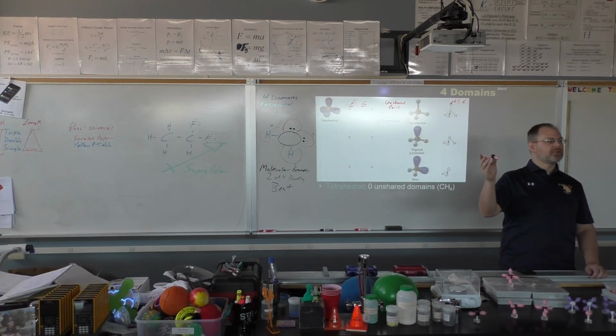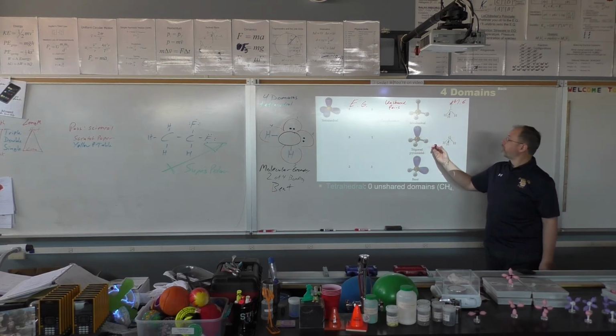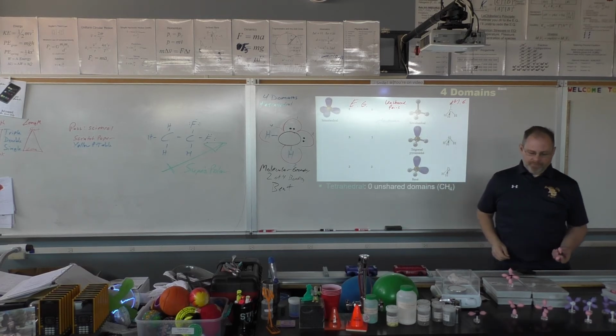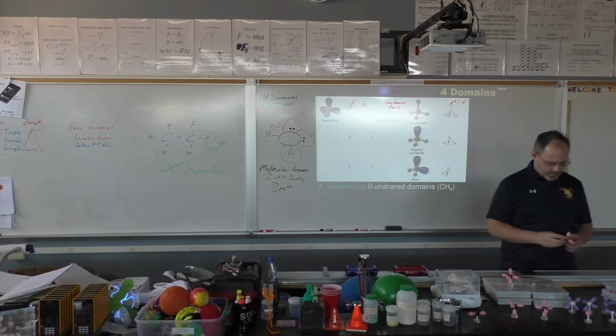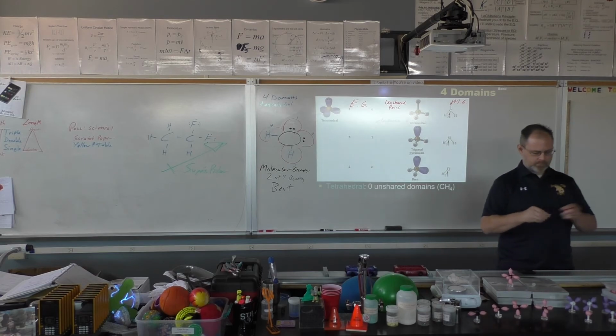It's called trigonal pyramidal. So if one of them is unshared and only 3 are bonding, you get a trigonal pyramidal geometry. And like I said for water, if 2 of the 4 are unshared, then it'd be bent.